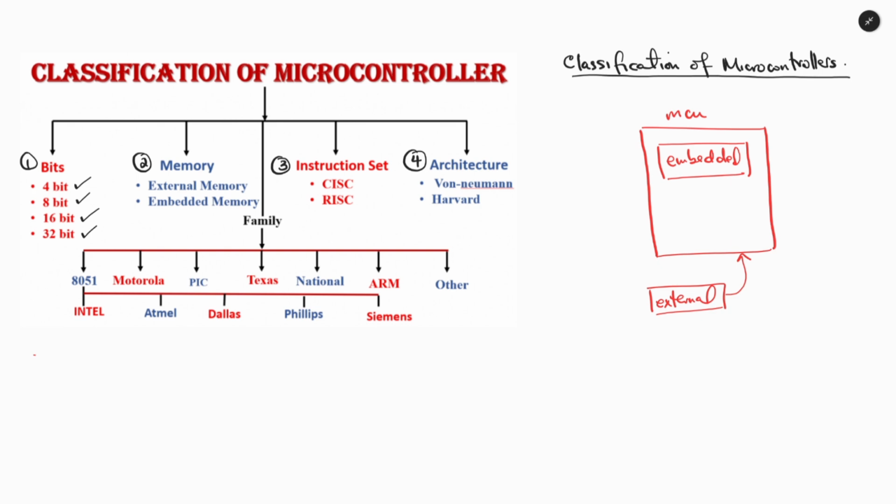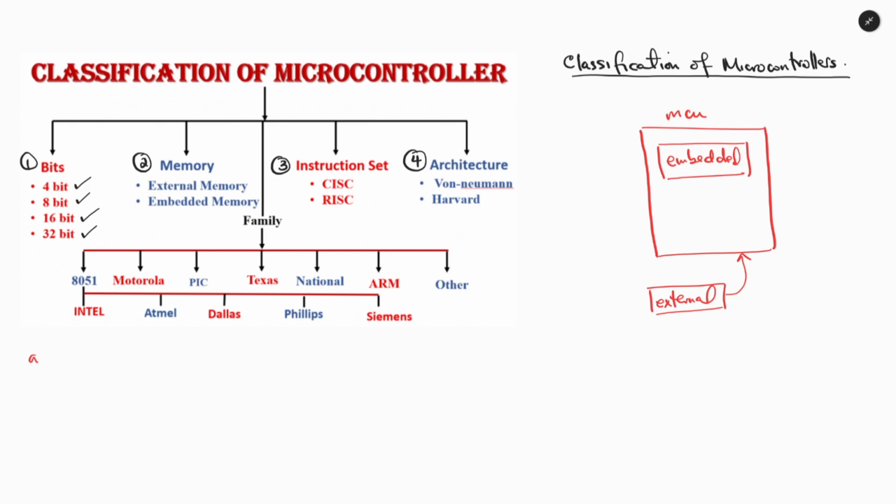And this is the main difference that helps you understand why we have microcontrollers with external and embedded memory. Now I will give you some examples and we can discuss those memories, either external or embedded.